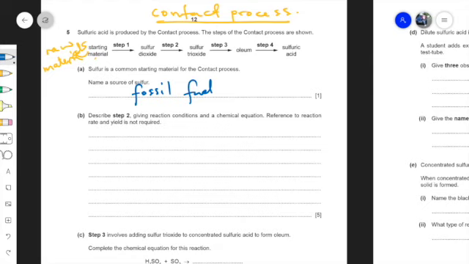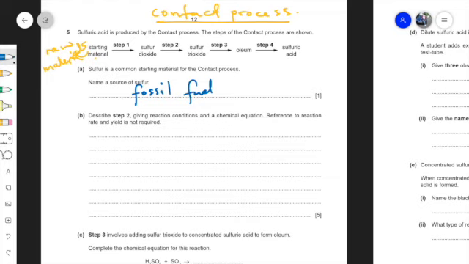Other books will talk about sulfur beds, or they'll talk of other things, but a good source of sulfur can actually be fossil fuels.